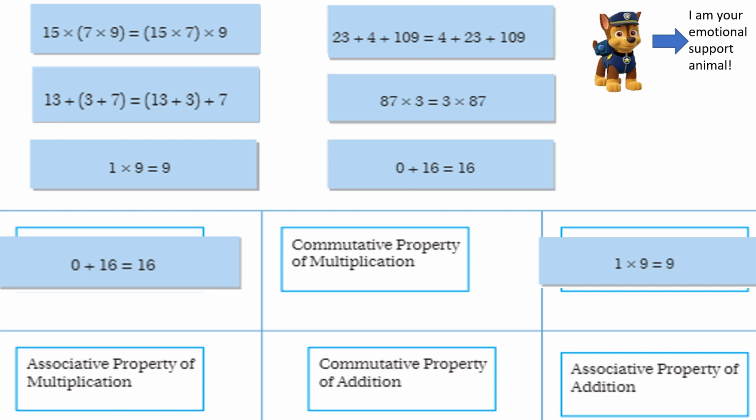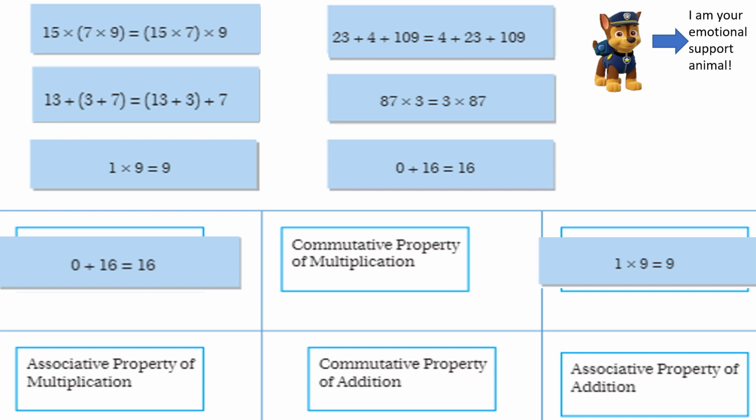Now we're moving on to the commutative property of multiplication. The commutative property of multiplication or addition is you can move one thing to the other.